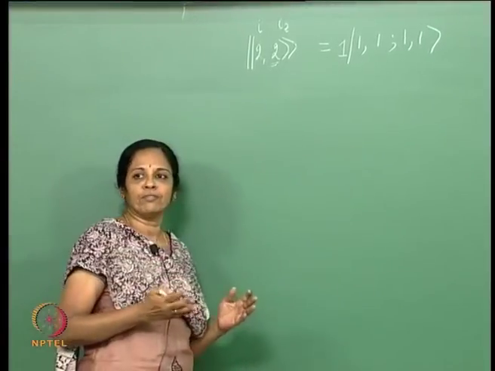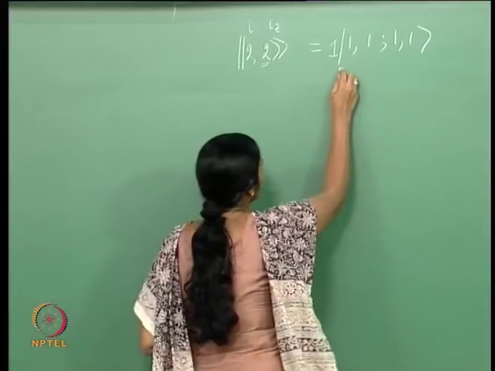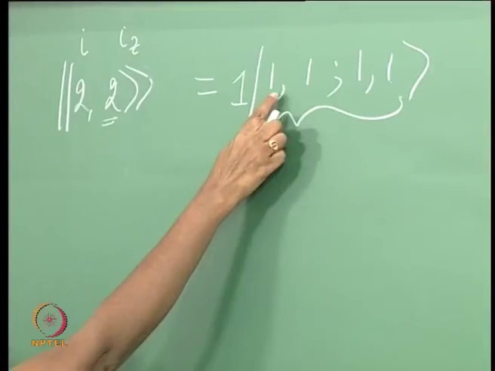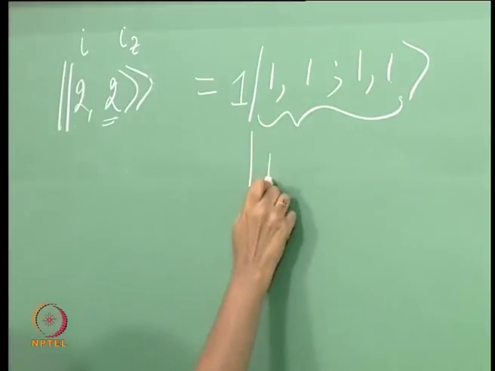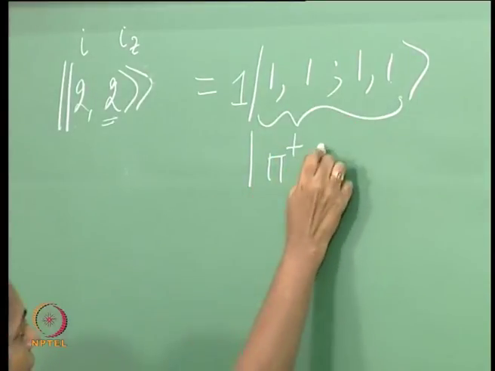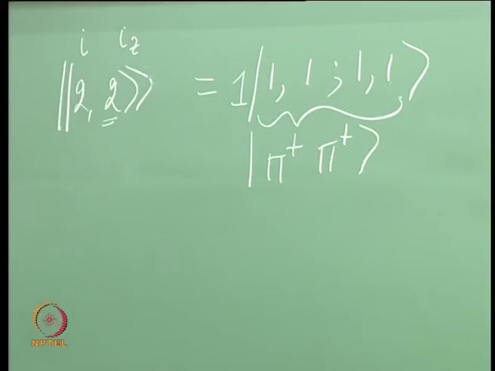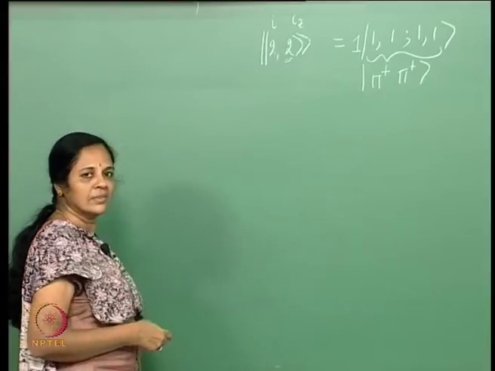Now in terms of pions, what would this state be? I1 is 1, I1z is 1. So this must be the pi plus, and that is another pi plus. So basically we have combined 2 positively charged pions to get this particular coupled state 2, 2.